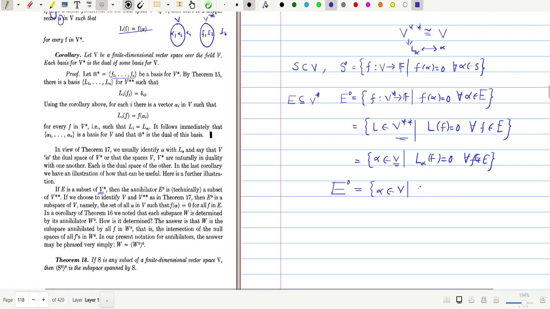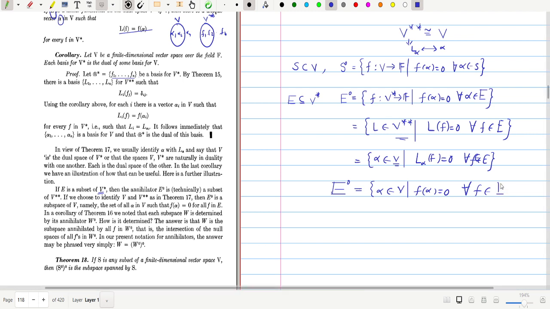L alpha of F is equal to F of alpha equal to 0 for all F belongs to E. So this is one method of identifying the E naught as a subset of V. Any annihilator of a subset of V star can be identified as a subset of V.